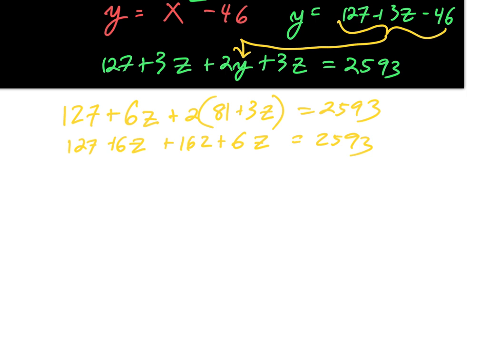127, so this will be 189 plus 12z equals 2593. 12z, subtract the 189 from 2593.